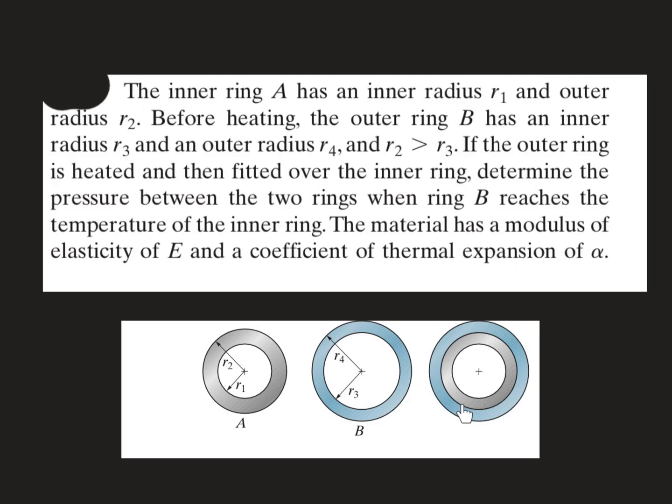And this radius will depend upon a lot of things: the dimensions, the material properties, and a lot of these things. So this is the whole introduction to the problem. Autofrettage is a mechanical working operation which we usually do. Now in this particular problem they are asking us to compute the pressure between the two rings when ring B reaches the temperature of inner ring.